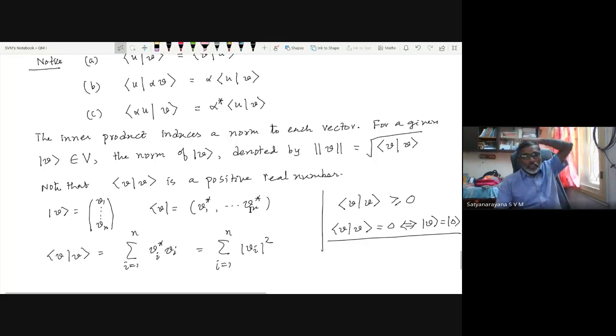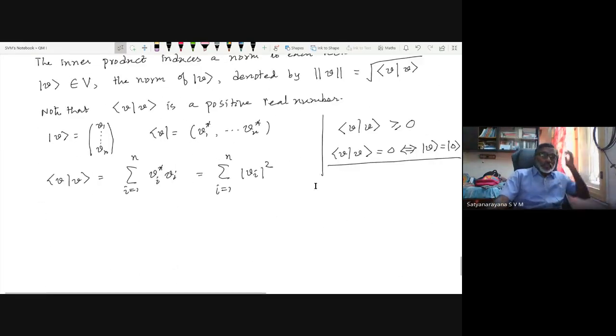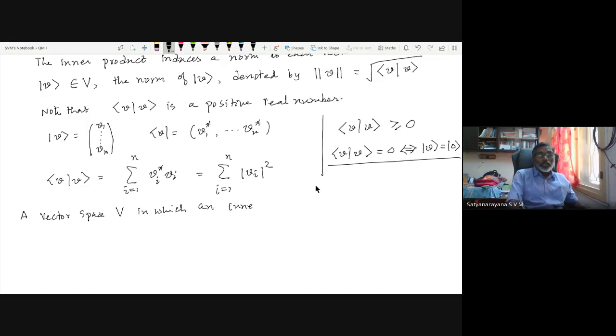Okay, so now we have a vector space V in which an inner product structure exists. We call it an inner product space.